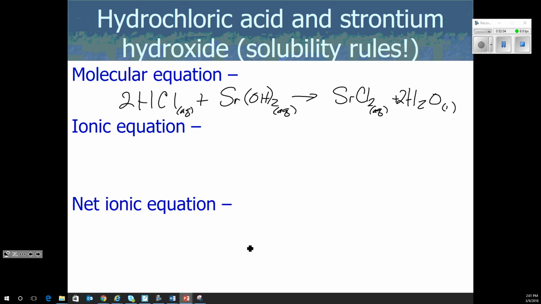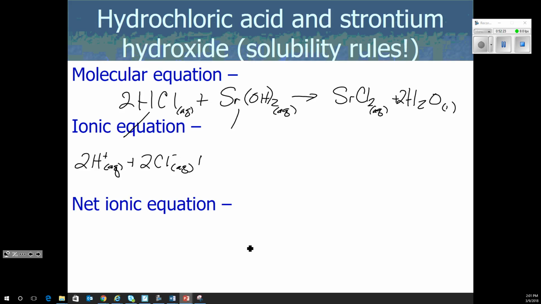To get to the next point, which is an ionic equation, anything that's aqueous, I break back down into its ions. So this would break down into 2H+ aq. Remember, anytime it has a charge, it's going to be aq, plus 2Cl- aq.